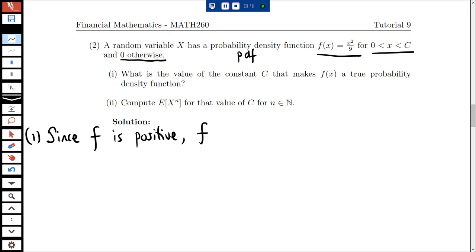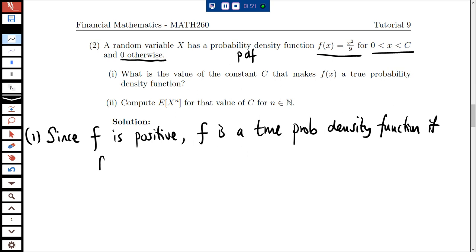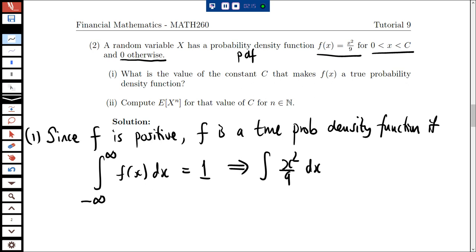So f is a true probability density function if we integrate over all the possible values of x, the area should be 1, and this condition says that the function x squared over 9 integrated between 0 and c should be equal to 1.